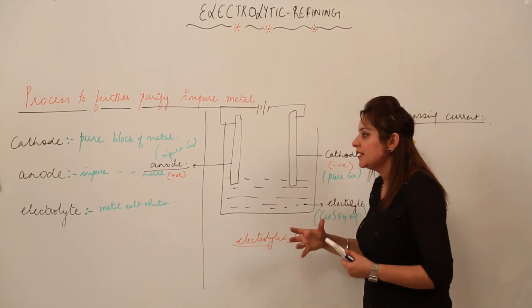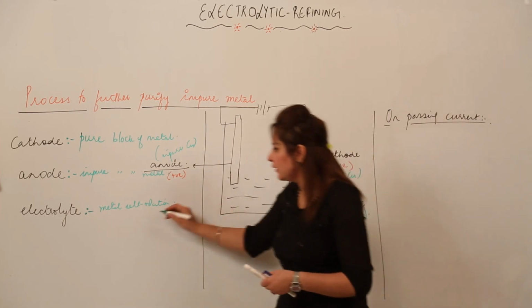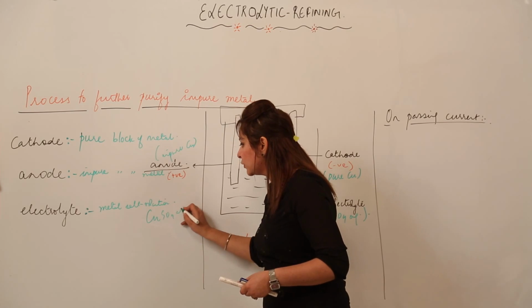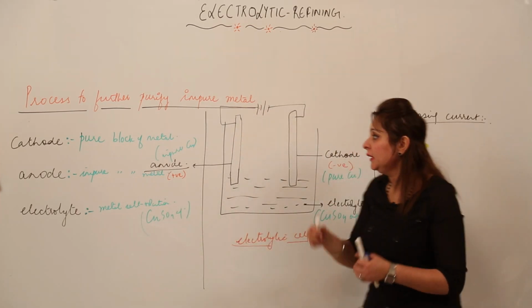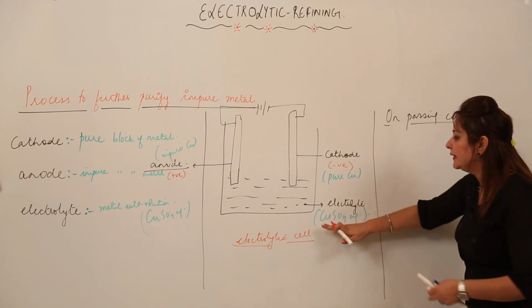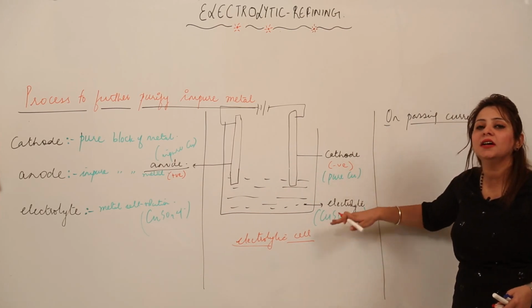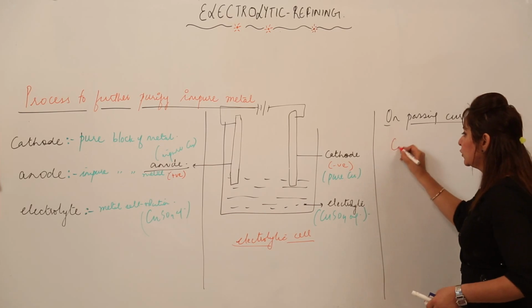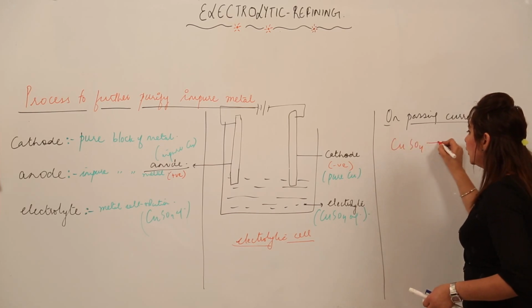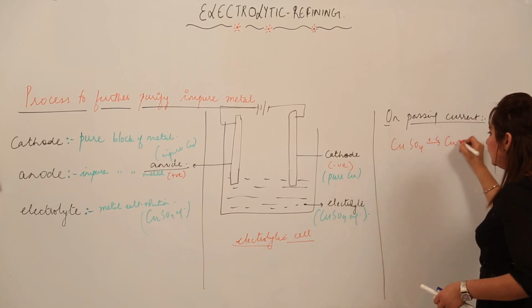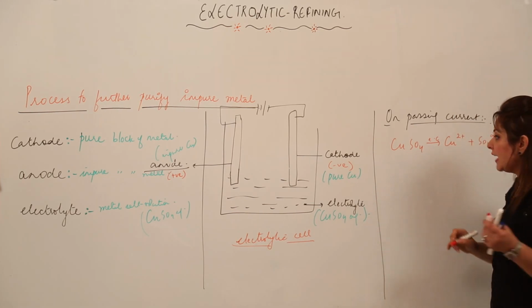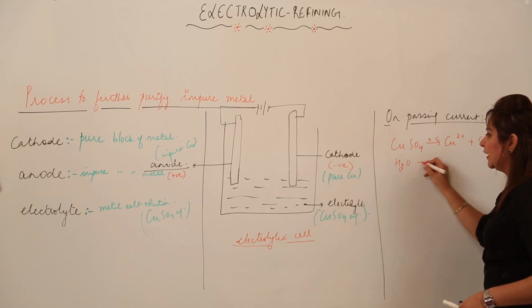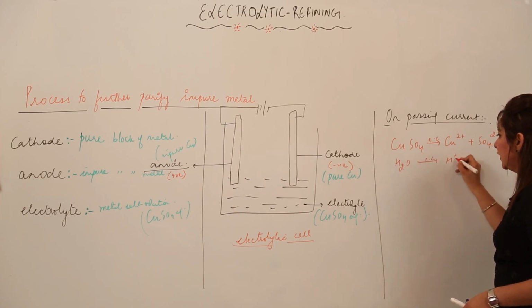I will write here CuSO4 aqueous solution as the electrolyte. When we pass electricity, this salt solution gets dissociated into its respective ions. And as it is an aqueous solution, water will also get dissociated into its ions.